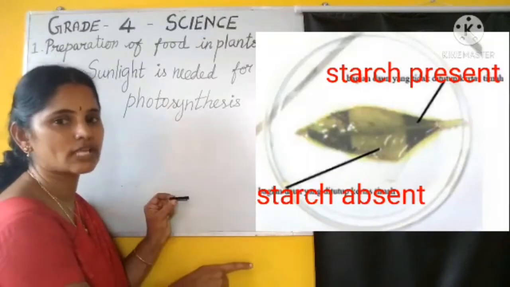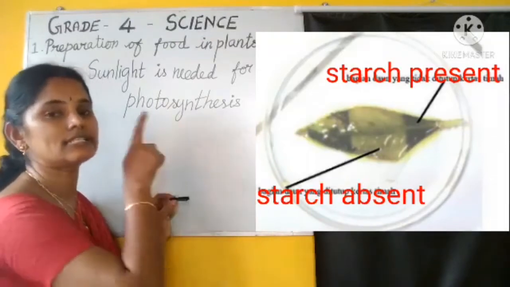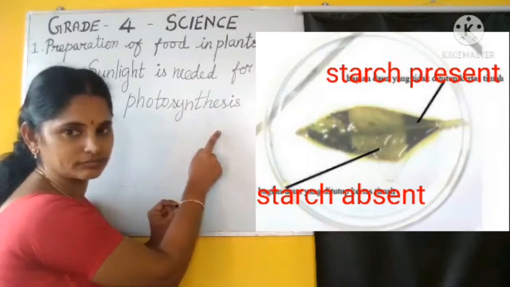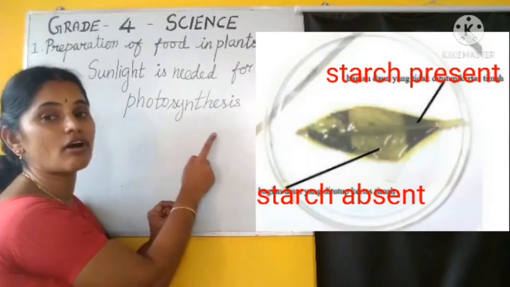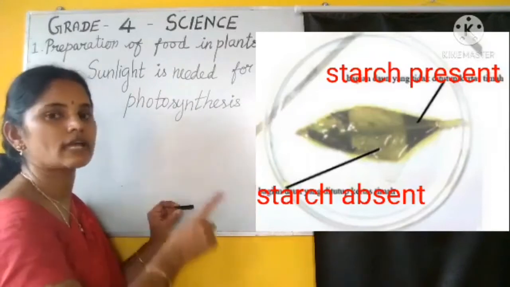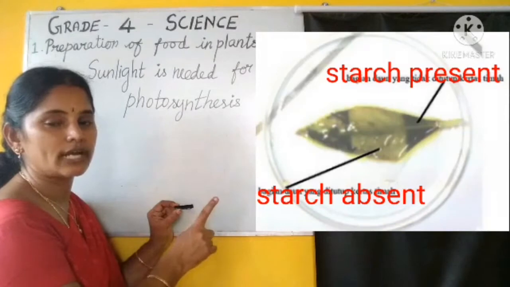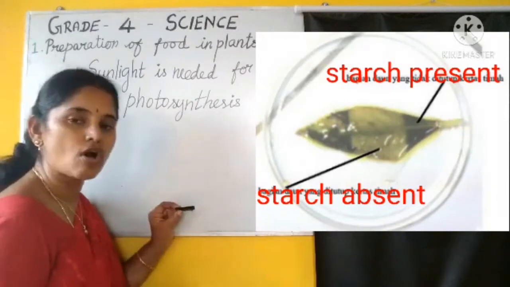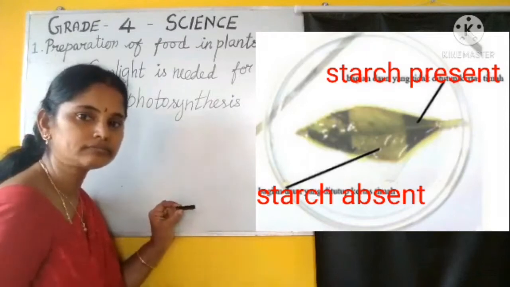So this proves that sunlight is needed for photosynthesis. If there is sunlight, starch preparation takes place. So this experiment proves that sunlight is needed for photosynthesis. Are you clear, children?